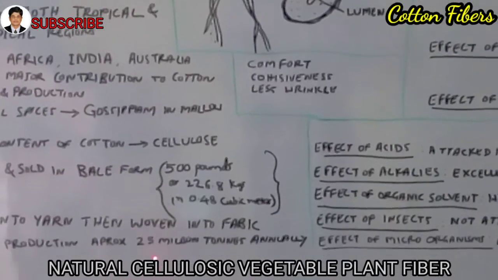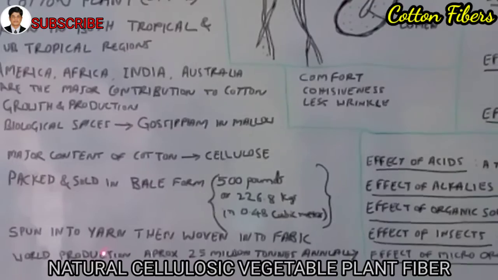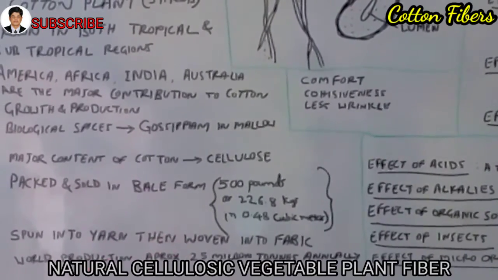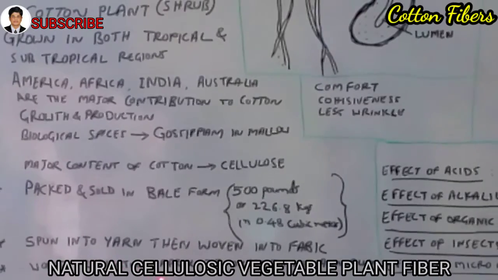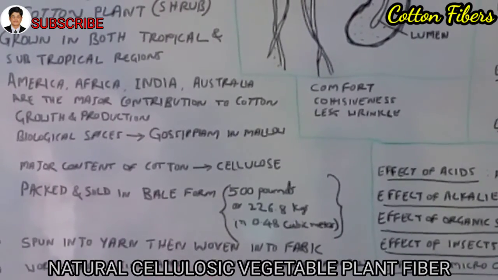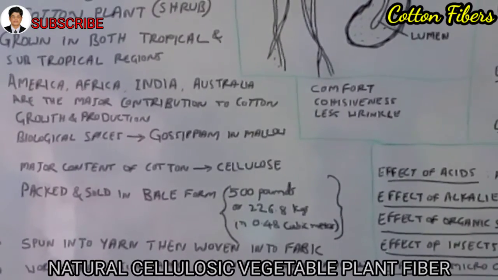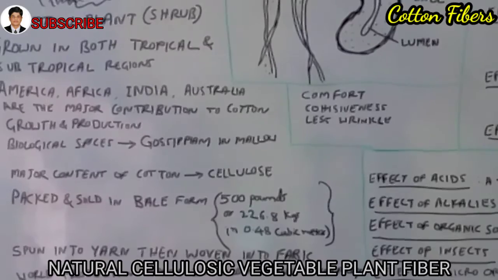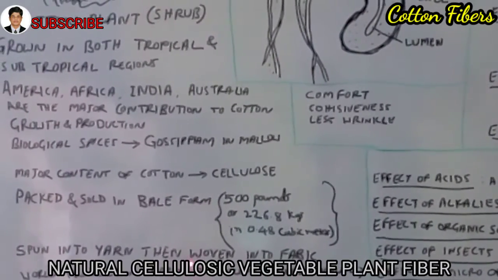Now, in total world production, including all countries, continents and areas, approximately 25 million tons of cotton is produced annually.